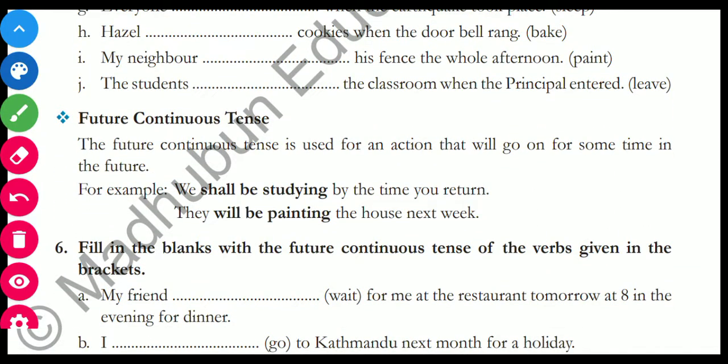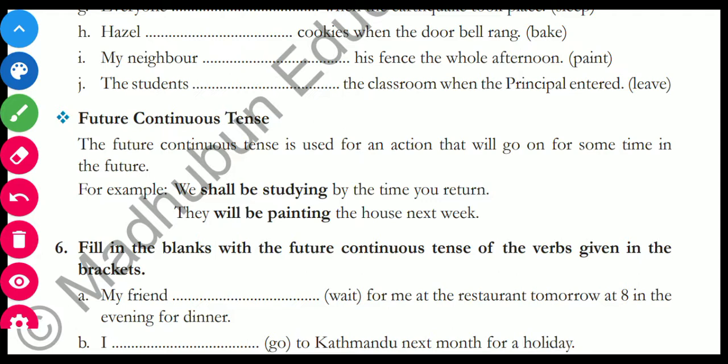Now, coming to future continuous tense. Okay? So, future continuous tense. What happens is that an action will go on for some time in future. What happens in past? That which went on for some time. In present, it is going on for some time, and in future it will go on for some time.